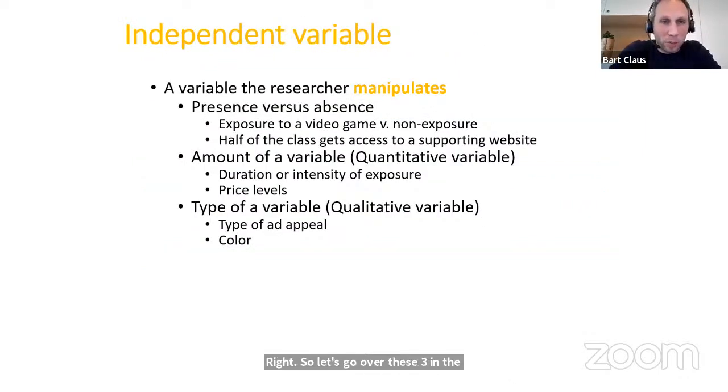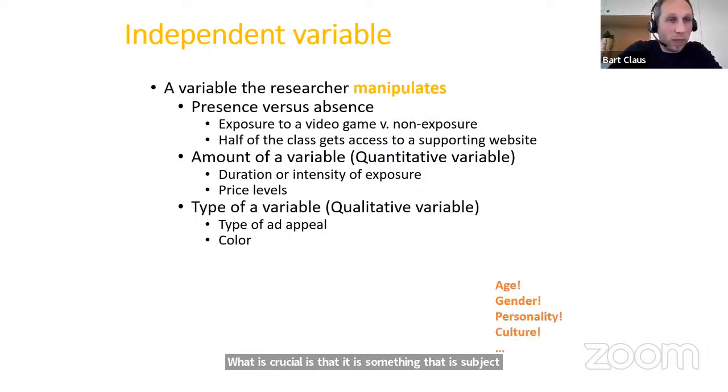The independent variable is a variable that is being manipulated by the researcher or team of researchers. So this can be the presence or the absence of something, an amount of something, or a type of something. What is crucial is that it is something that is subject to being manipulated, because some things we cannot manipulate.